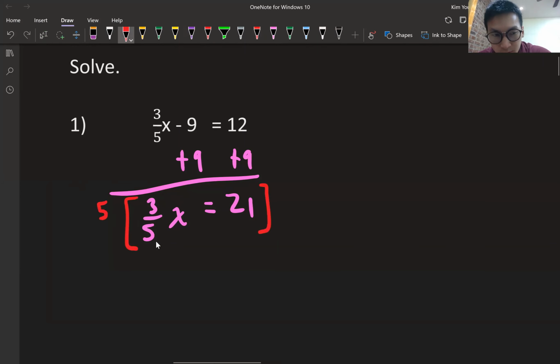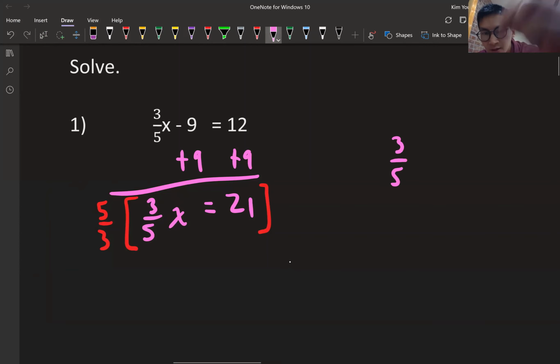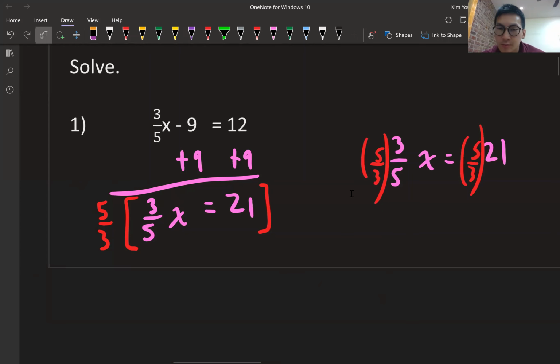So this is a lazy way of writing it. You could also do it like this. Let me rewrite that equation like this. If you want to show that you're multiplying both sides by 5/3, you can just put 5/3 like that on the left side. You could also do it on the right, by the way. But I'm going to write it like this because this is how I learned it, and it's more convenient, I think.